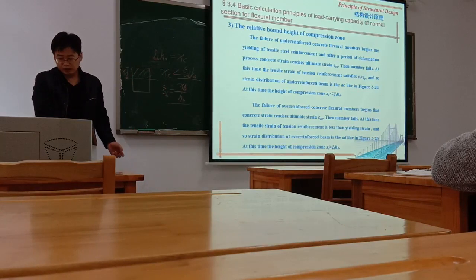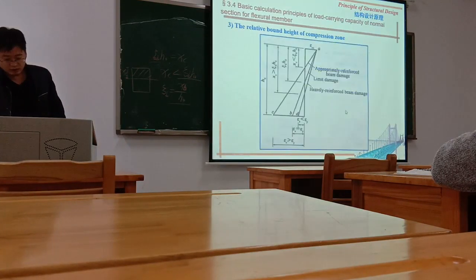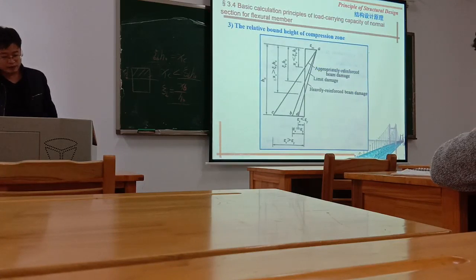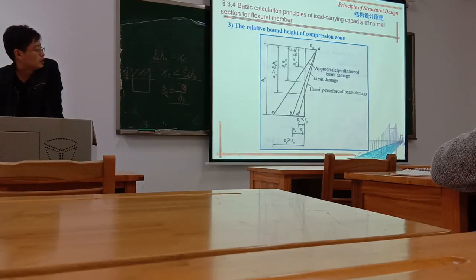So in other words, in this figure, if you want to design your structure with appropriate reinforcement and avoid over-reinforcement, you should make sure the compression height is smaller than this Kc B H0, in this scope.